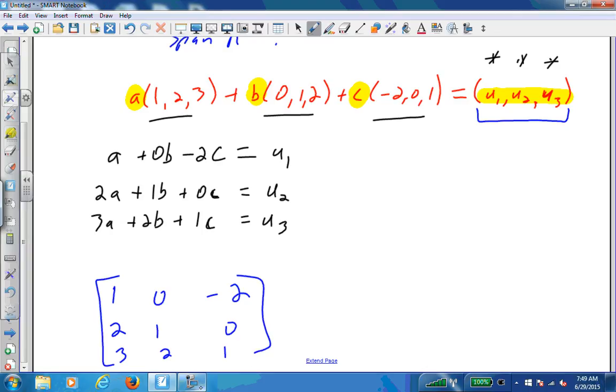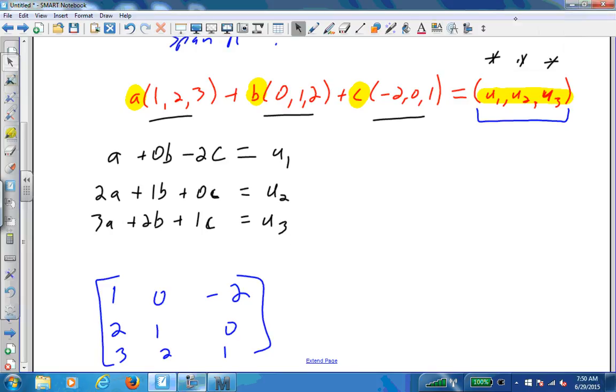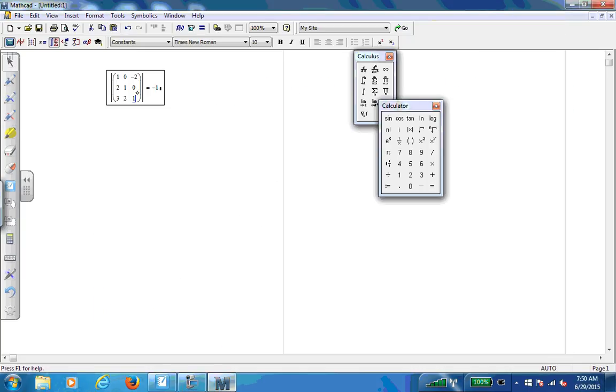So let me pull up MathCAD and let's take that determinant real quickly. All right, so I went ahead and opened up MathCAD, put in our coefficient matrix, took the determinant, and we got negative 1.